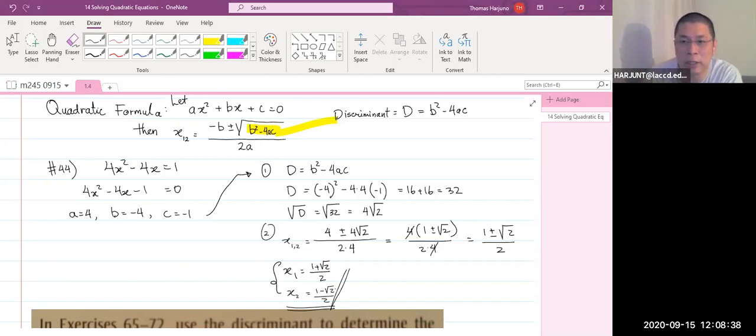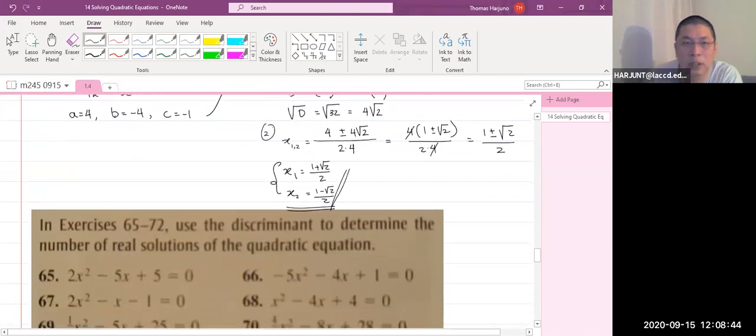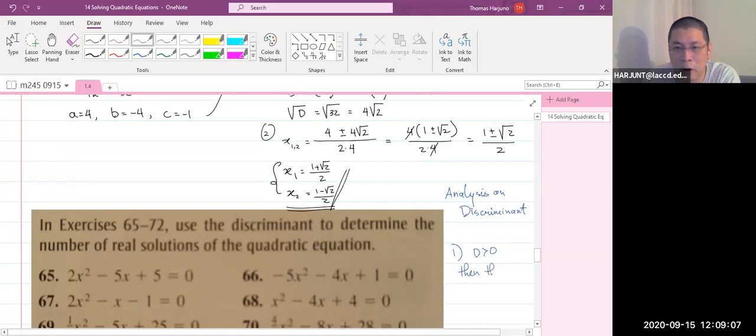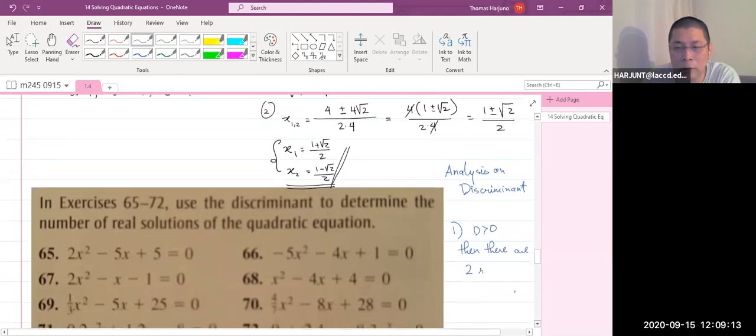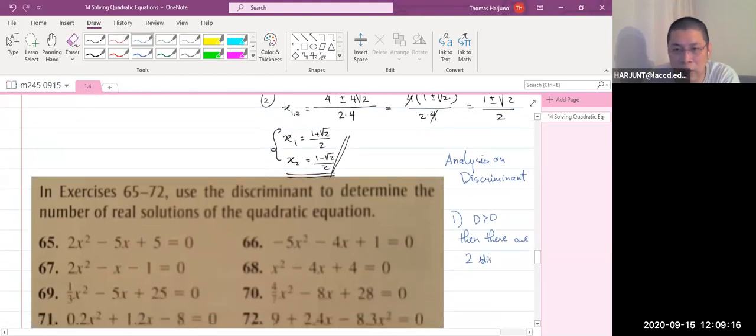Now, the thing is this. Discriminant analysis, analysis on the discriminant. First, if the discriminant is positive, then there are two distinct, two different real solutions.